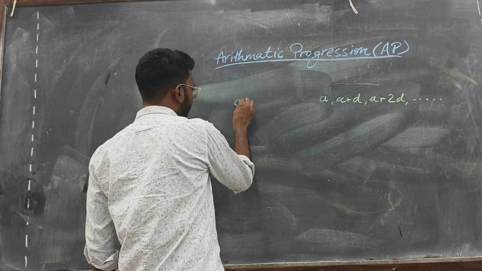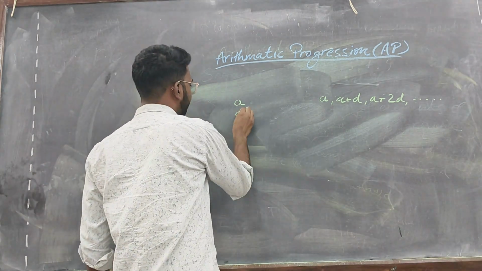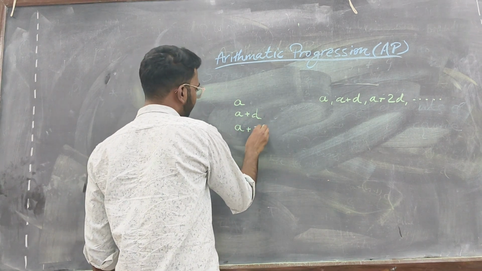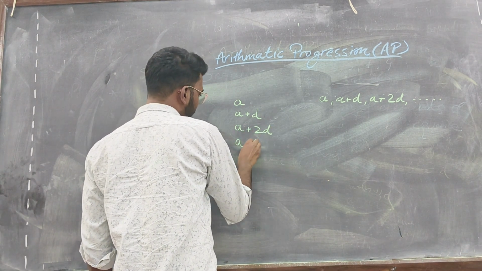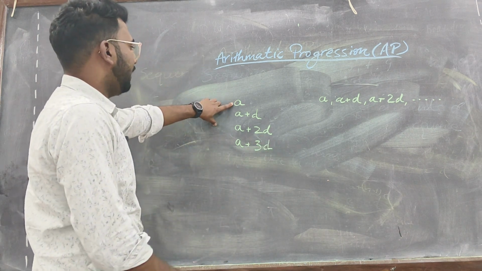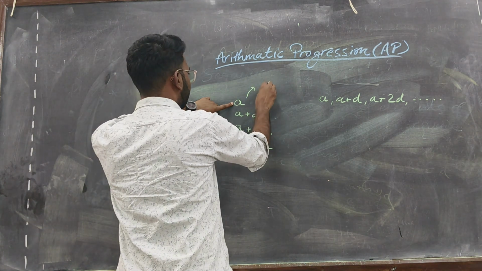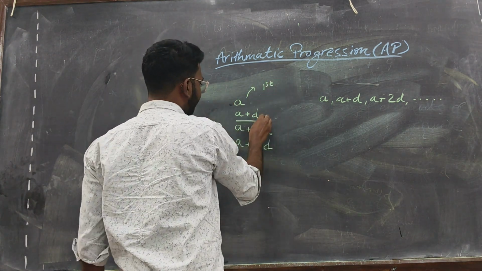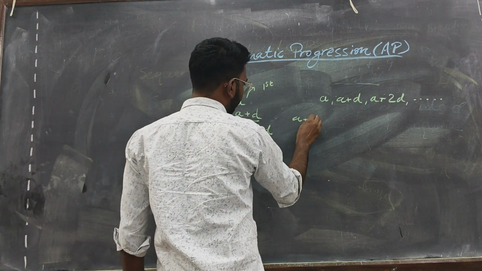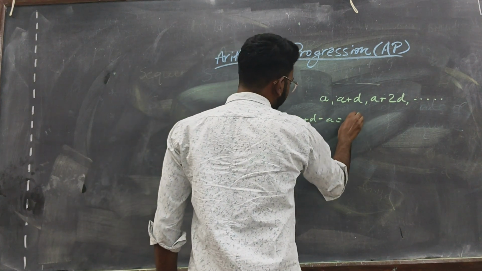This is the first term of the AP, this is the second term if D is the common difference, this is the third term, and so on; this will be the fourth term. So A is the first term of the AP, and if we subtract the first term A from A plus D, we get D, which is the common difference.